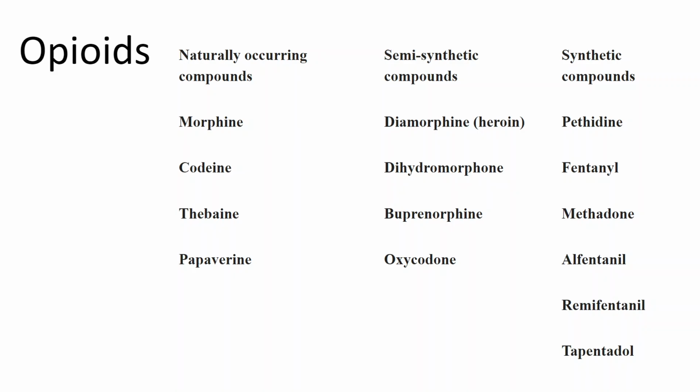Then other semi-synthetic compounds like diamorphine, dihydromorphine and buprenorphine are now more used as addicting drugs, and hence they are not generally used clinically as analgesics because of the possibility of addiction being more frequent, and the sale of these drugs is also very well controlled. You cannot just prescribe these drugs easily.